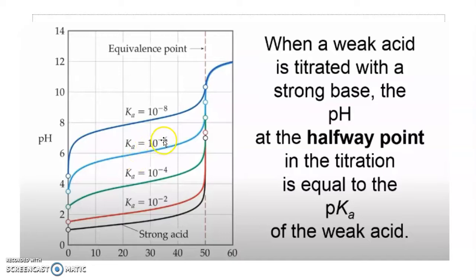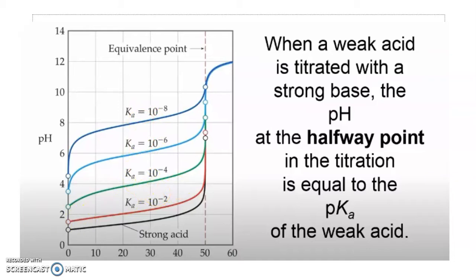This one, the Ka is 10 to the minus 6. The halfway point between here and the equivalence point is at 6. Do you see the pattern here? Here it's 8. So all of these are showing that at half the equivalence, halfway between where you start and when you're neutralized, or not when you're neutralized, because in the case of weaks, it's not neutral, the pH is equal to the pKa.